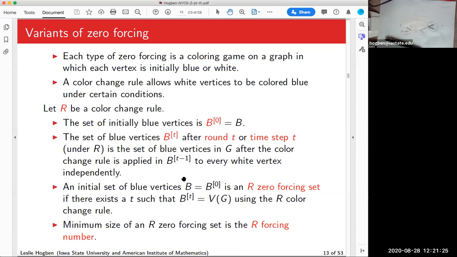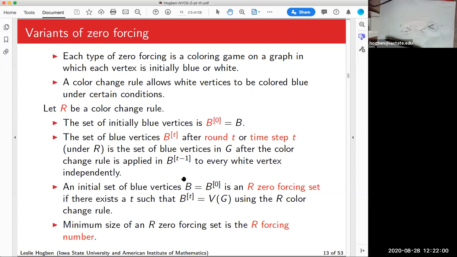Other questions? And please do interrupt me if you have questions. Leslie, is it obligatory to apply the rule as soon as it can be applied, or can you wait if you want to? That's a very good question. As I've just described it, you automatically apply it. The perspective I'm taking is what I alluded to, which is propagation time, to do it through a propagating process that moves just as fast as it can, and you never wait unless you have to.